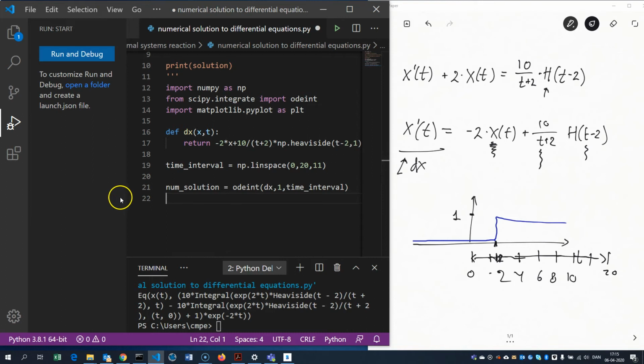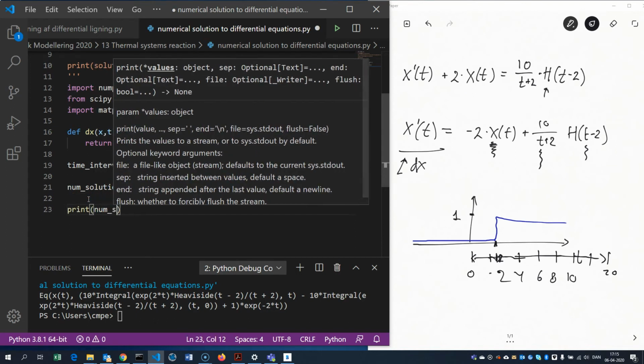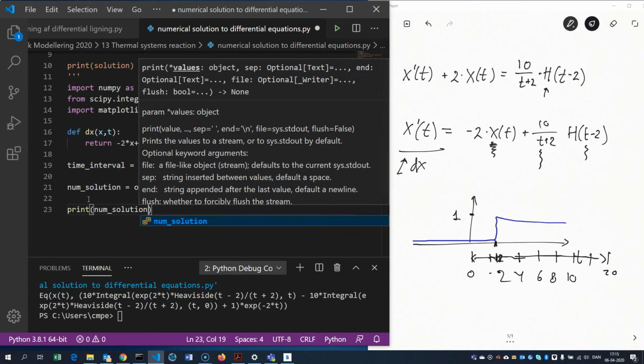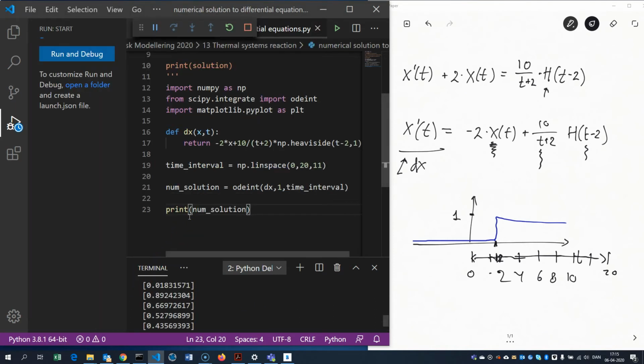Now that should be enough. So let's look at the solution. So we'll run the script.